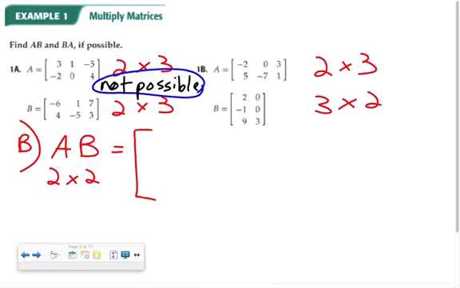And what I'm doing is taking the elements in this row and multiplying them by the elements in this row and adding as I go.